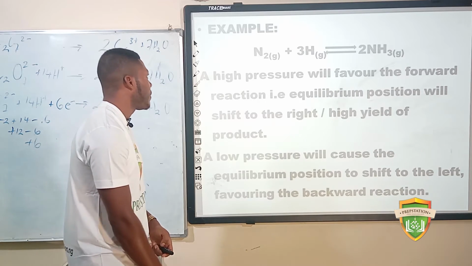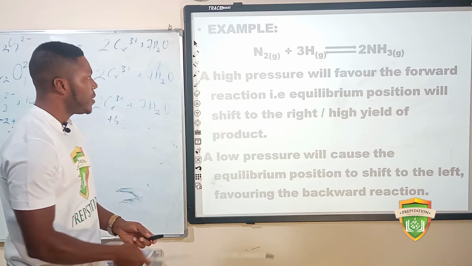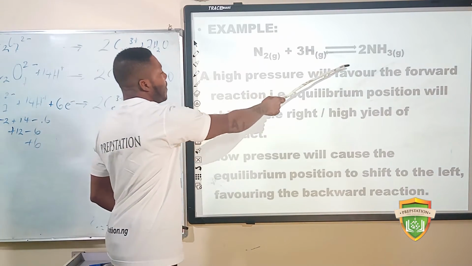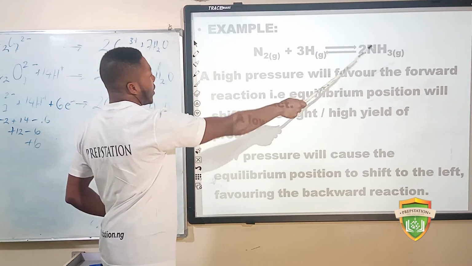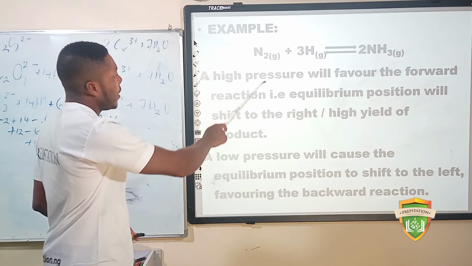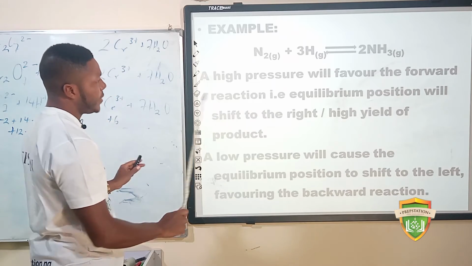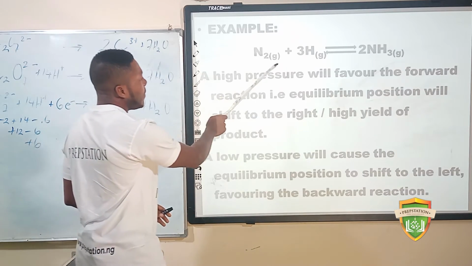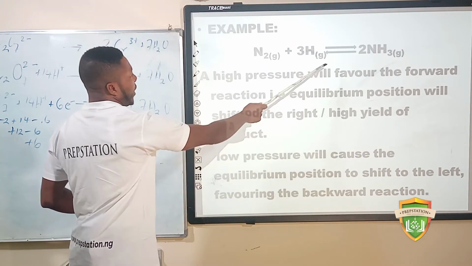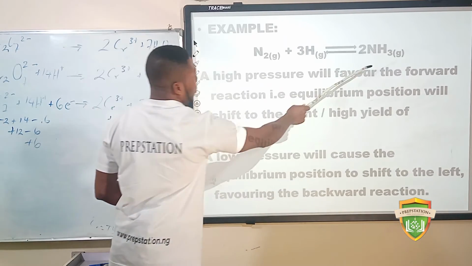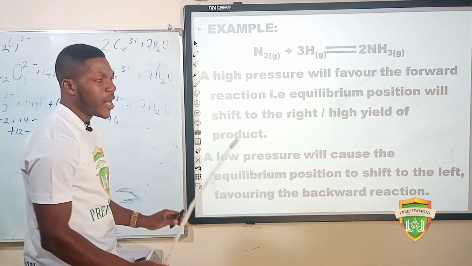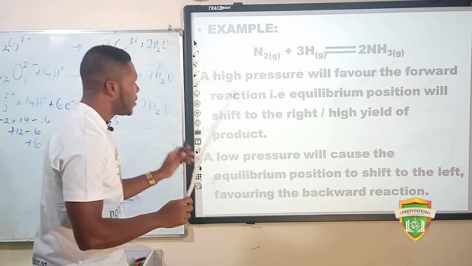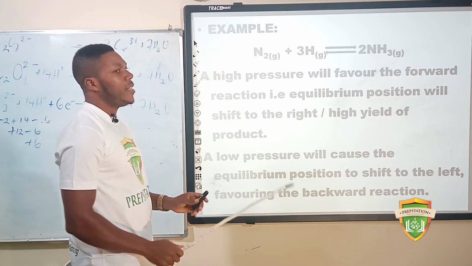Example 1. Using this same equation, this is the production of ammonia, known as the Haber process. Now, the first condition here is certain because we have all of them gaseous. Reactants, they are gaseous. Products, they are gaseous. So we can affect pressure here. Secondly, there are differences in the moles.